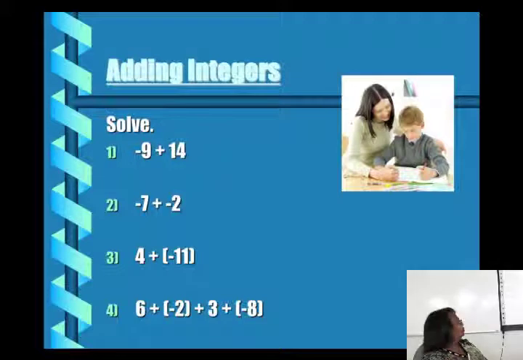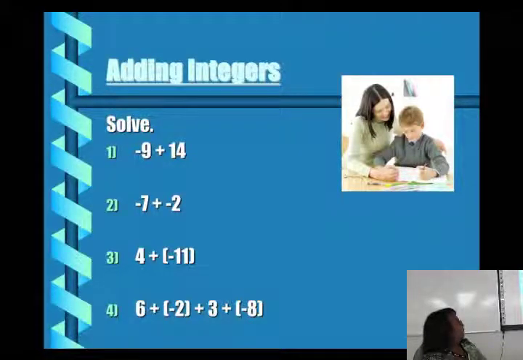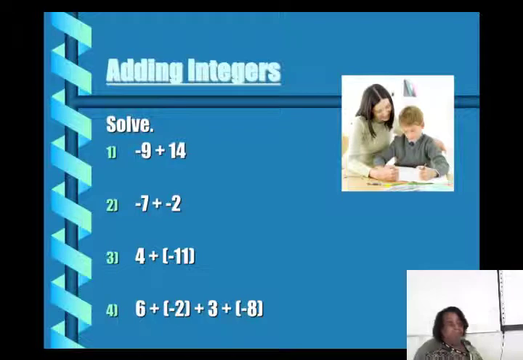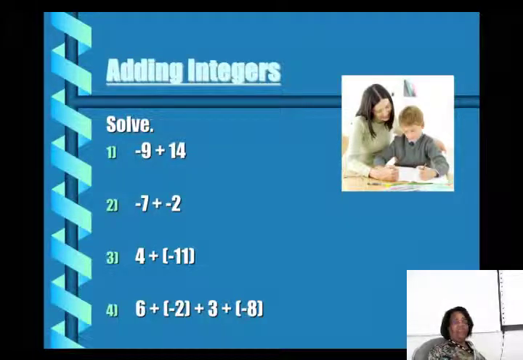Negative 9. So for number 1, we have positive 5. For number 2, we have negative 9. For number 3, we have negative 7. And for number 4, we have negative 1. Any questions on that one at all?